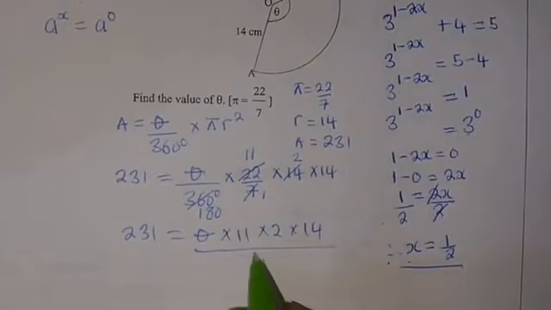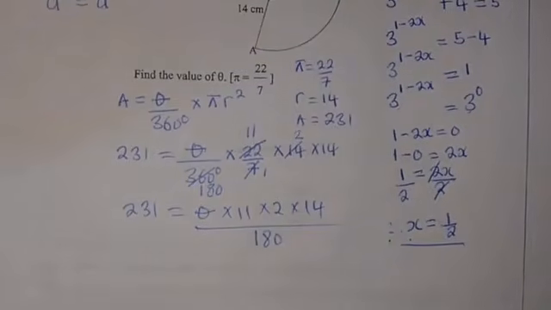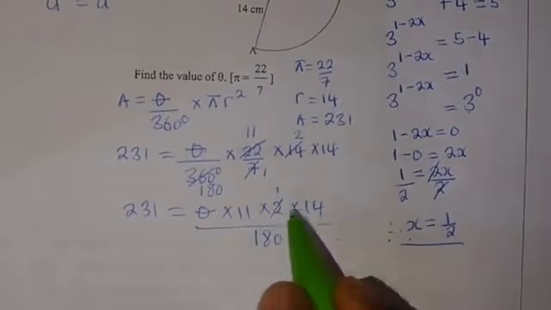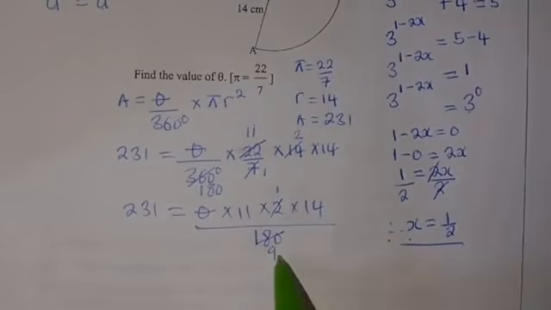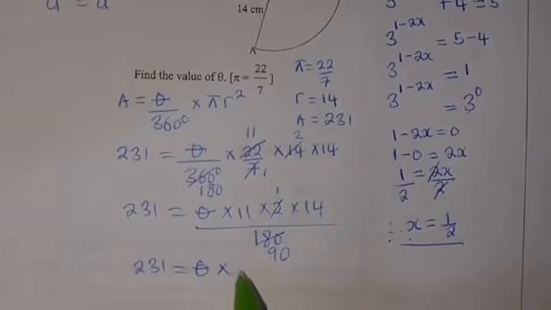Then we divide by 180. Then from here, 2 into 180 is 90. Okay, then we can have 231 equal to theta times 11 times 14 over 90.